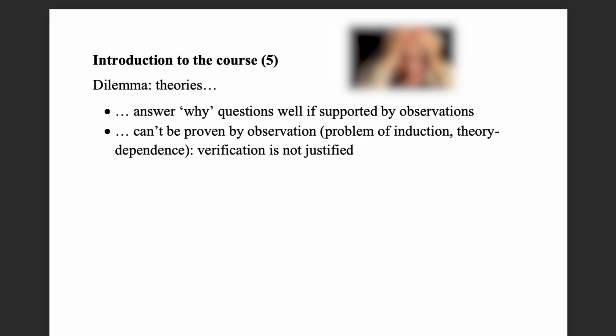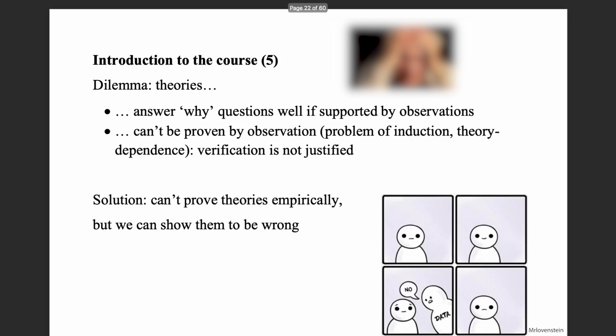So we cannot ever really justify trying to prove theories through verification. Just taking the observations as a given, and then if we have enough precise observations, saying our theory is verified: because of these problems, that way of trying to confront theories and empirical reality is not a justified way of doing that.